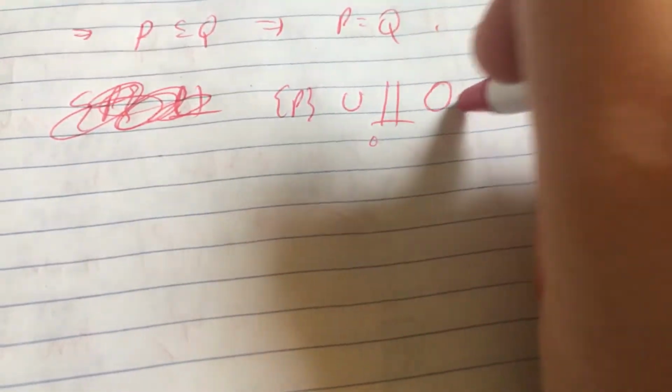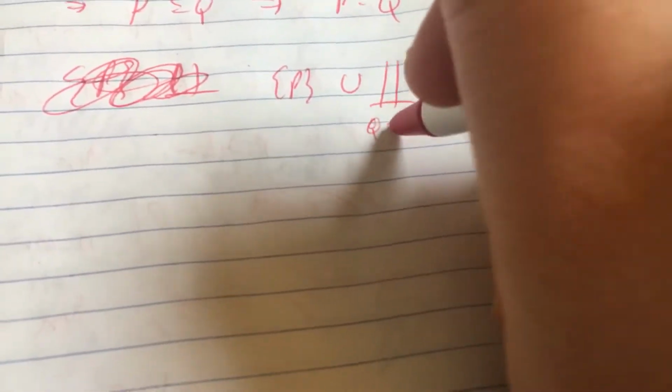So X is the disjoint union of the fixed point P and the disjoint union of all the other orbits O_Q, with Q not equal to P, ranging over all the other distinct orbits.